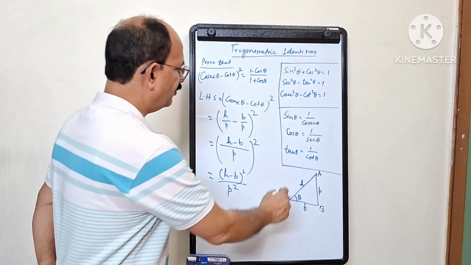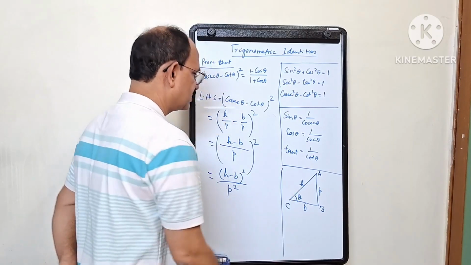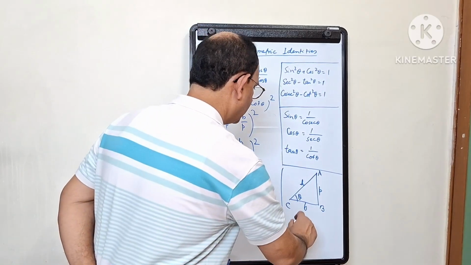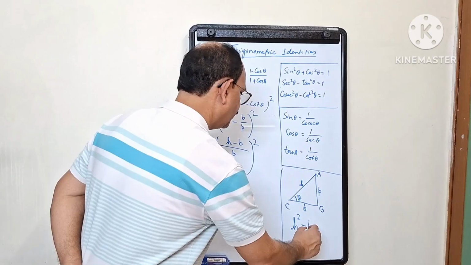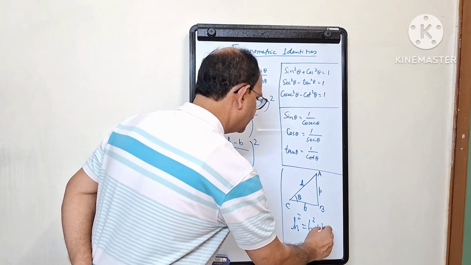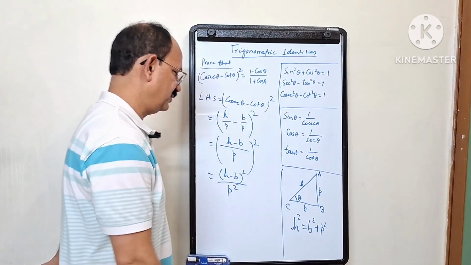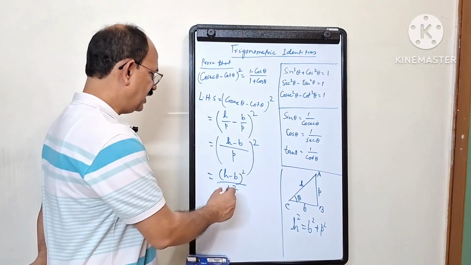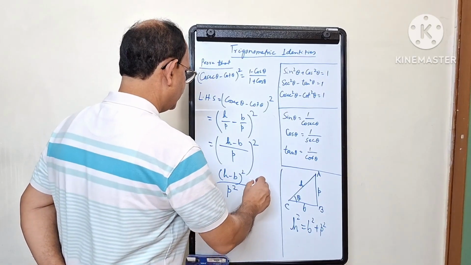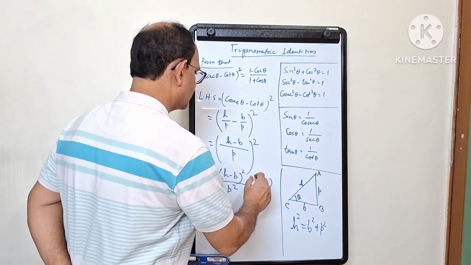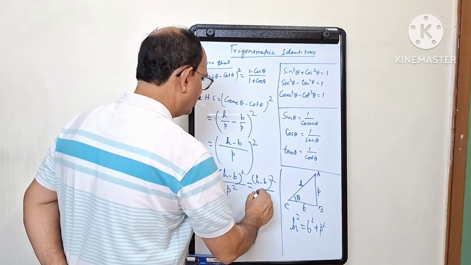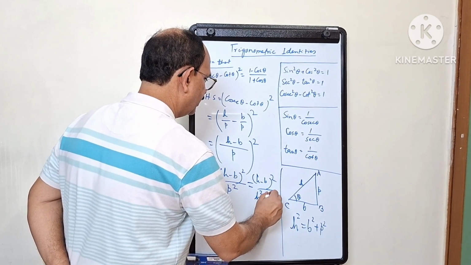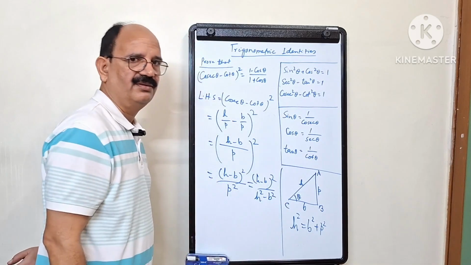I also know from the Pythagoras theorem that hypotenuse square is equal to base square plus perpendicular square. So from that I can write this as h minus b the whole square divided by p square will be equal to h square minus b square.